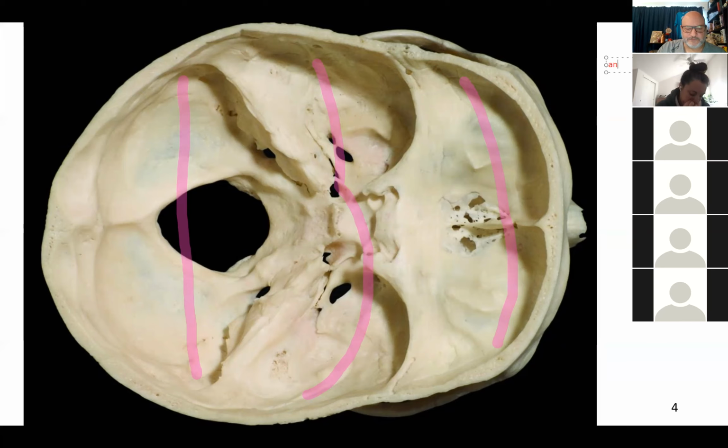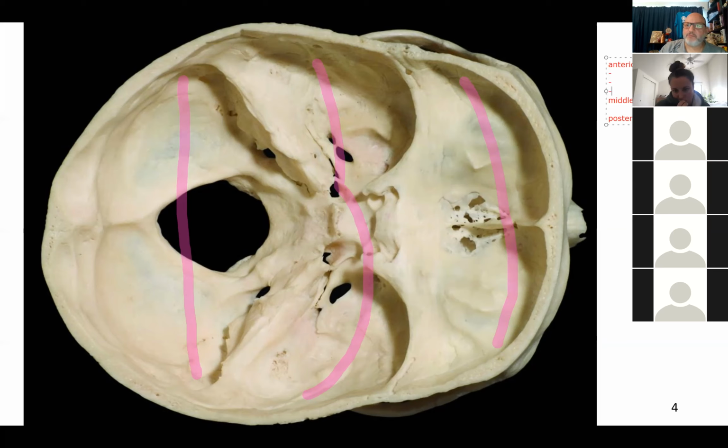The anterior cranial fossa. The one in the middle is the middle cranial fossa, and the one in the back is the posterior cranial fossa. Three cranial fossas, and each one is basically comprised of three bones.